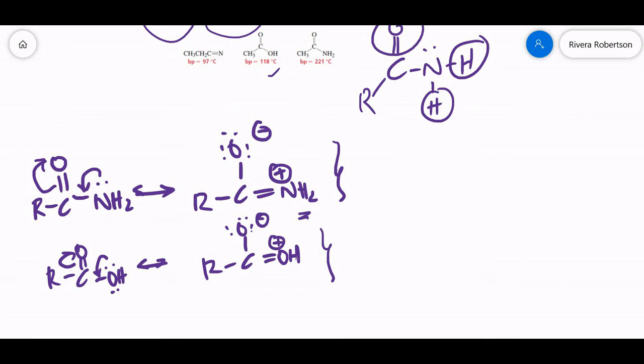So, if there are considerable amounts of this resonance structure in the amide, you will see the dipole moments. So, you have your negative charge and you have your positive charge, which then contributes to higher intermolecular forces of attraction and hence a higher boiling point versus that of the carboxylic acid counterpart.